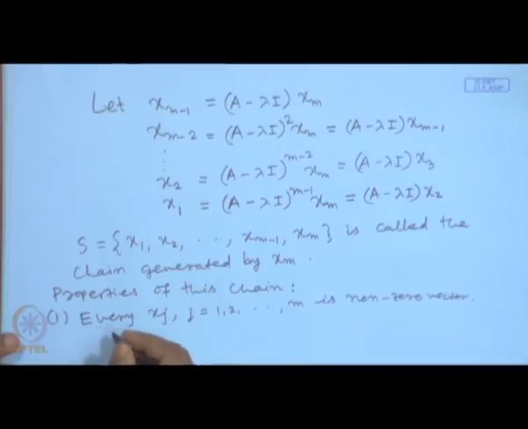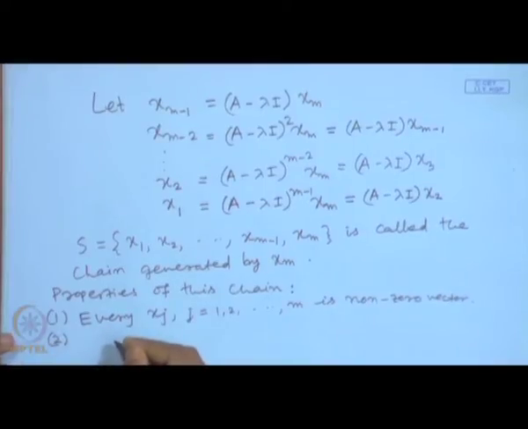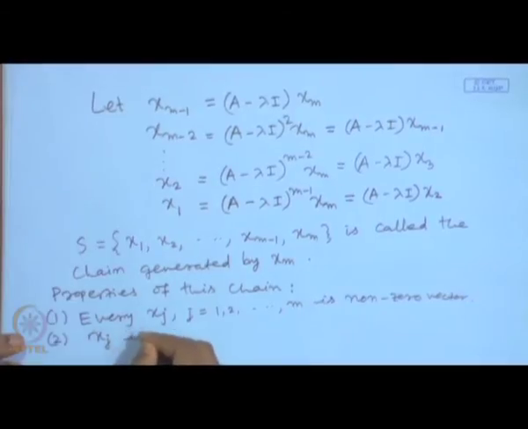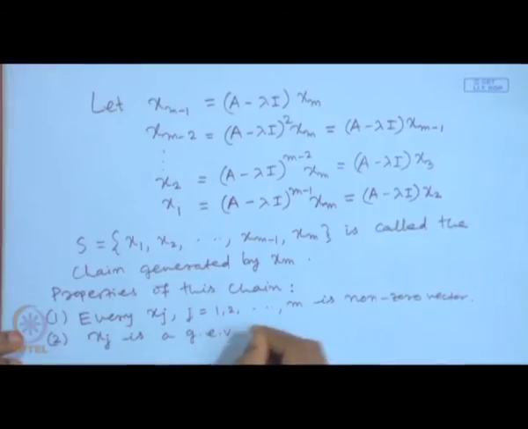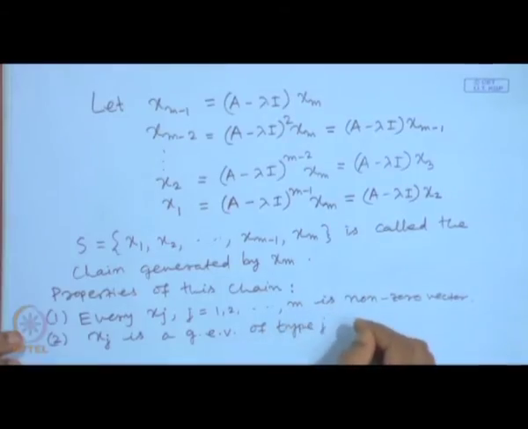So, this is important, and the second property is that every x_j is a generalized eigenvector of type j of the matrix A corresponding to λ.